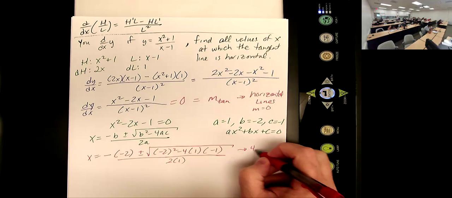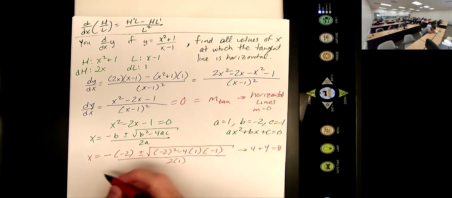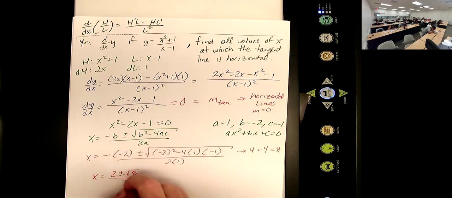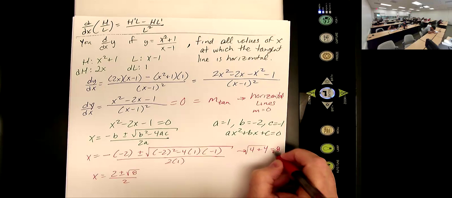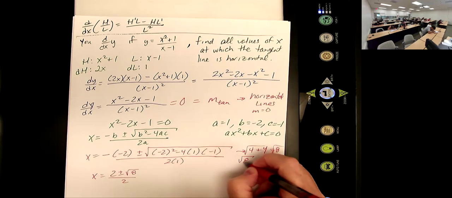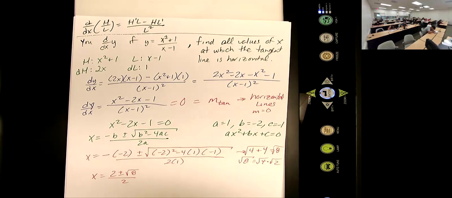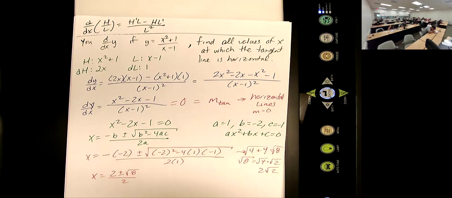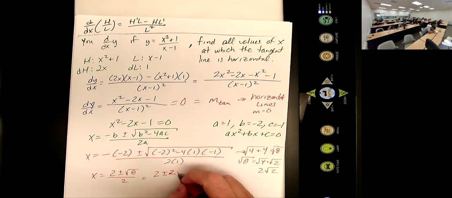Inside I have 4 plus 4. That's 8. So x equals 2 plus or minus square root of 8 over 2. But square root of 8 is square root of 4 times 2, which is square root of 4 times square root of 2, and that makes it 2 root 2. So I can rewrite that square root of 8 as 2 root 2.